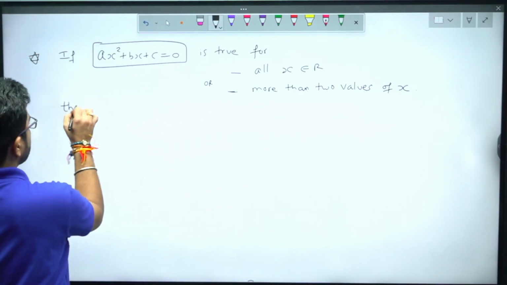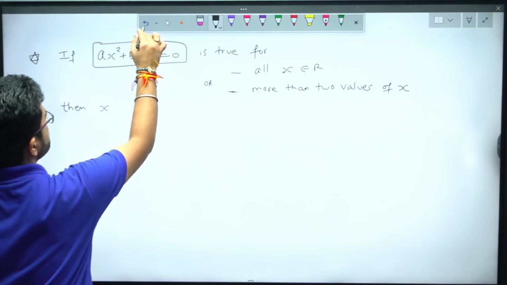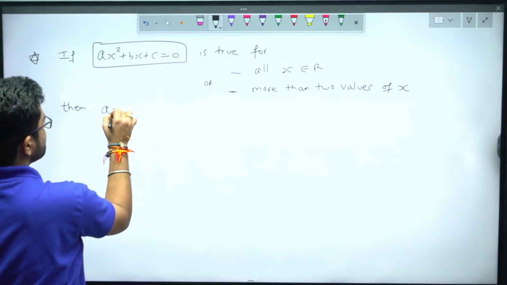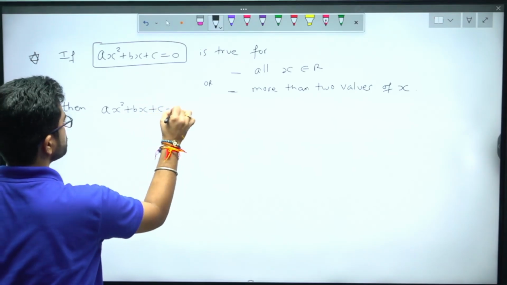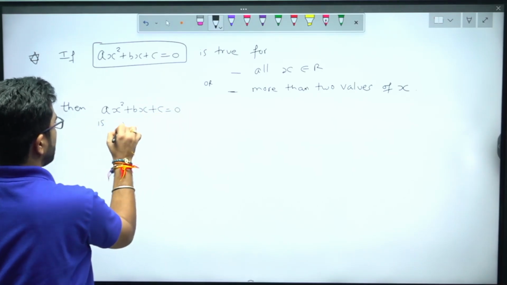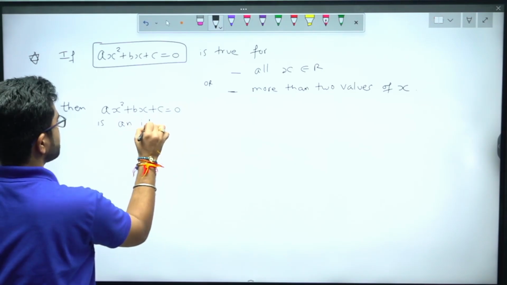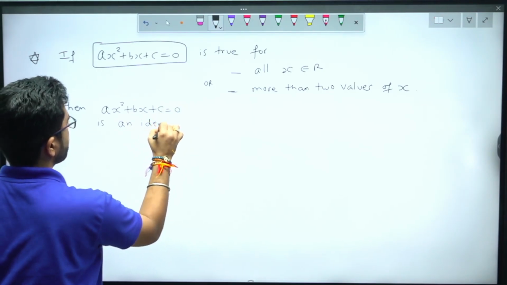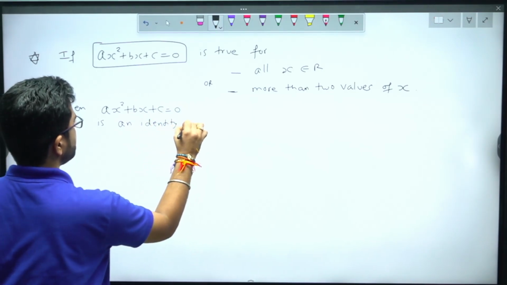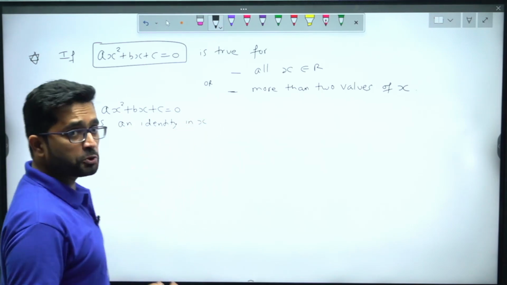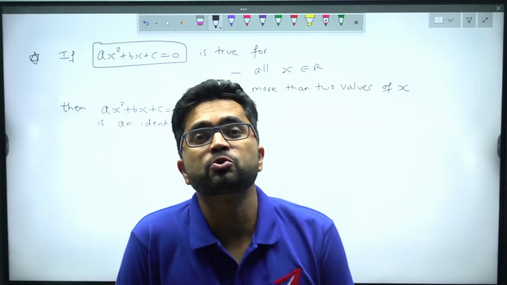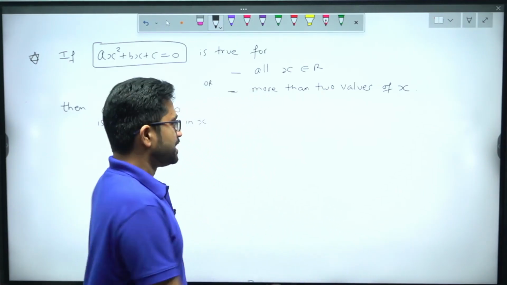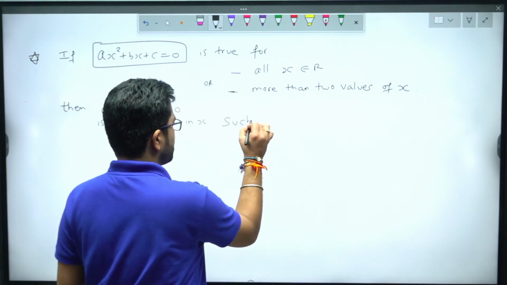Then ax square plus bx plus c equals 0 is an identity in x. And what do you mean by identity in x? That means this is true for all x belongs to real number. Such that, and what would be the condition?